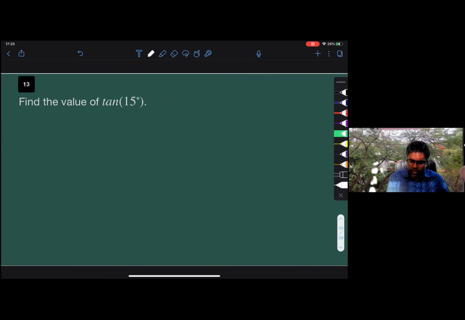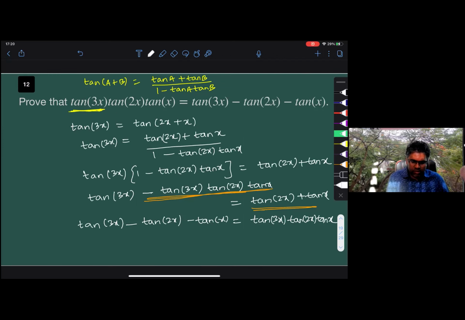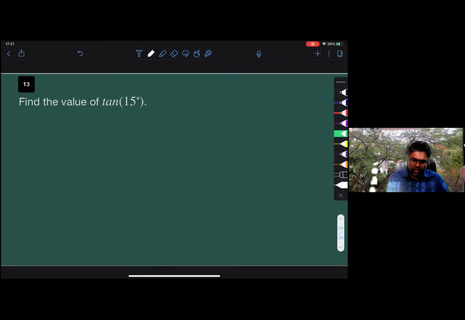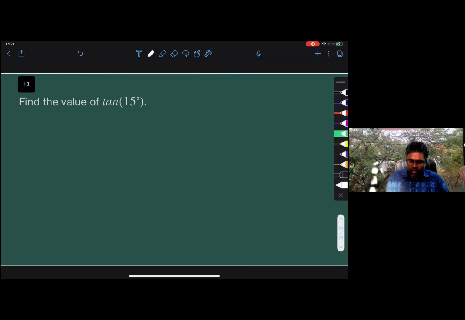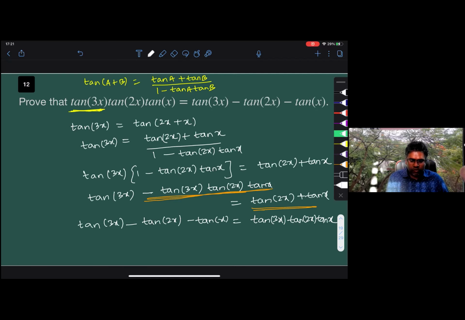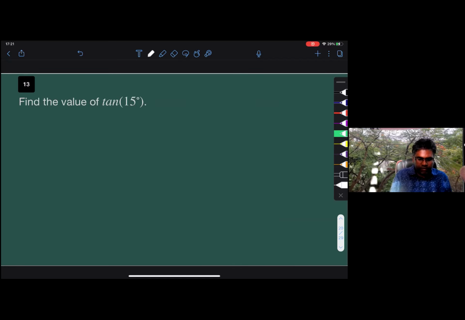Okay, so now I think you can use this result. We know how to get tan 15. I mean, you can use tan 45 minus 30. We have already done that. So I'm just forcefully trying to use these things. So tan 15. Now, what result do we have here?